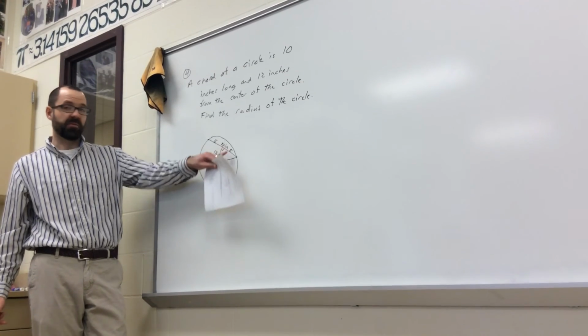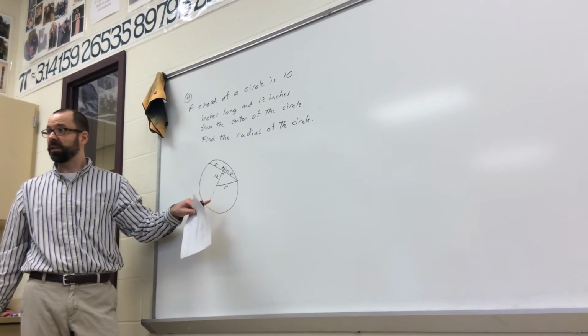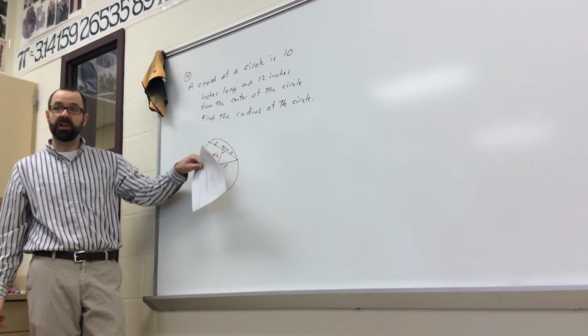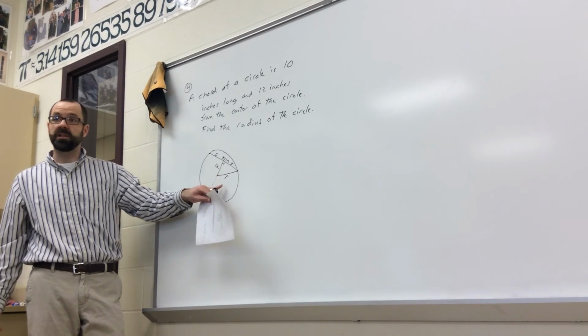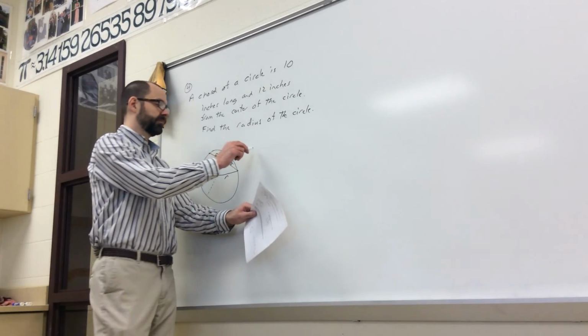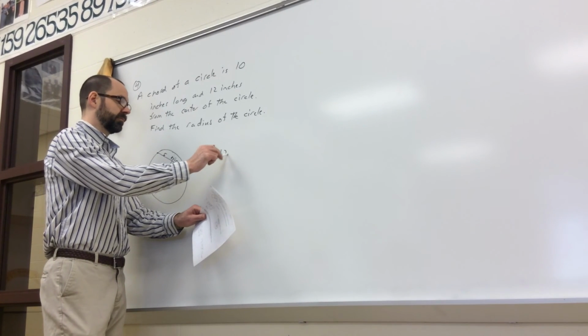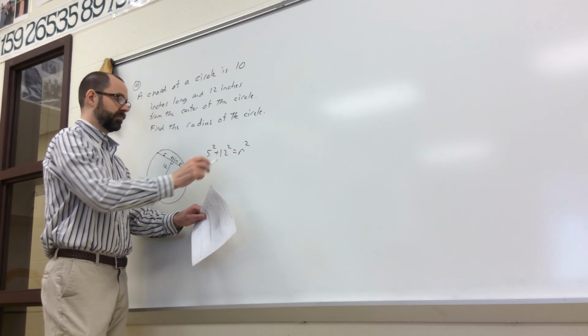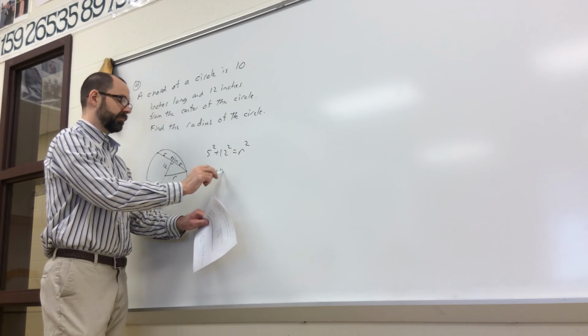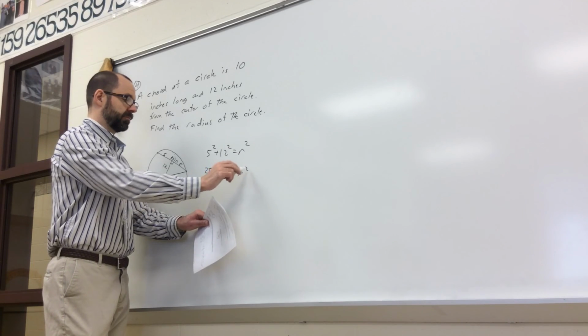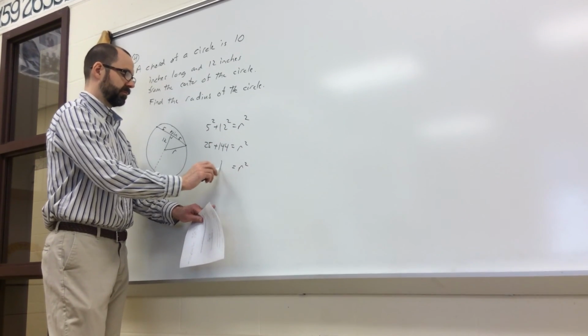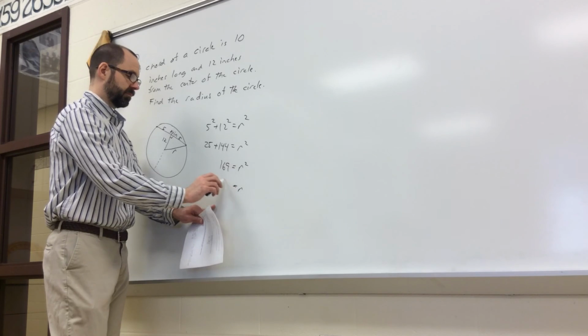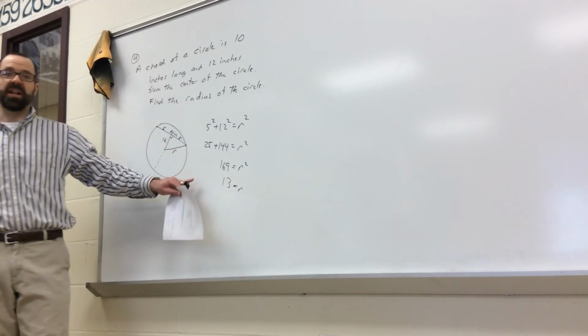And then since I have a right triangle, I can do Pythagorean theorem. So this time it's 5 squared plus 12 squared equals R squared. So you figure all that out and you get 13.